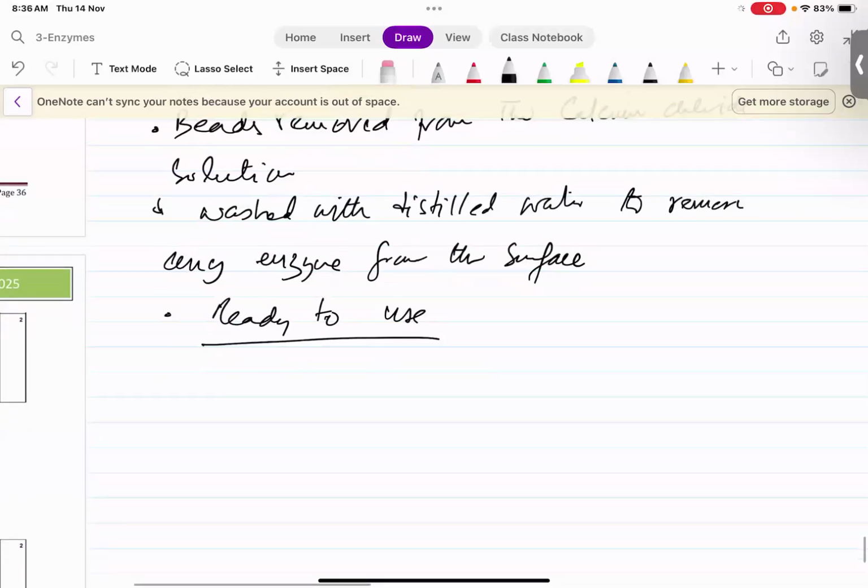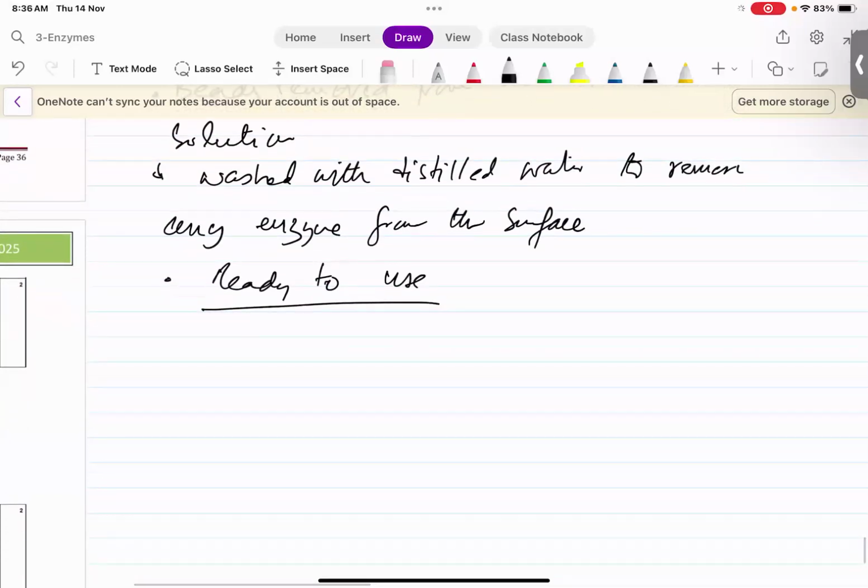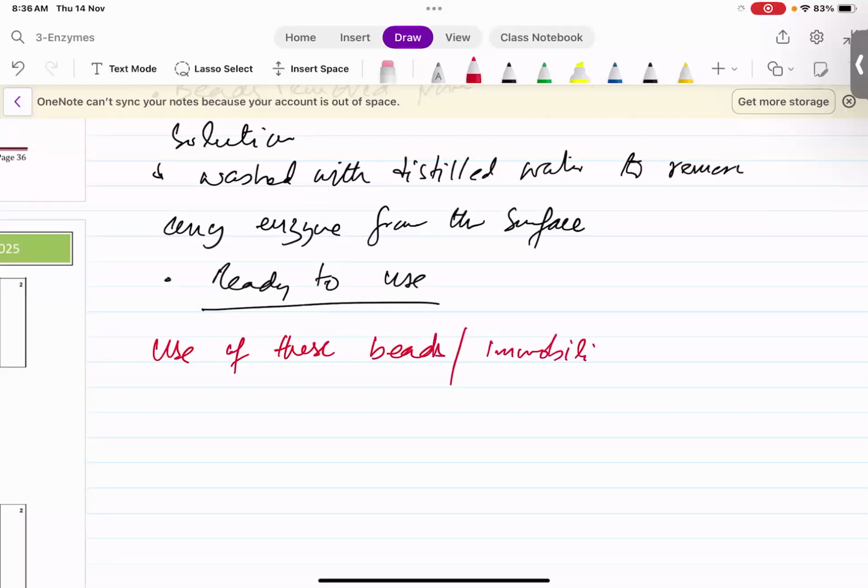How we can use these beads or immobilized enzyme?